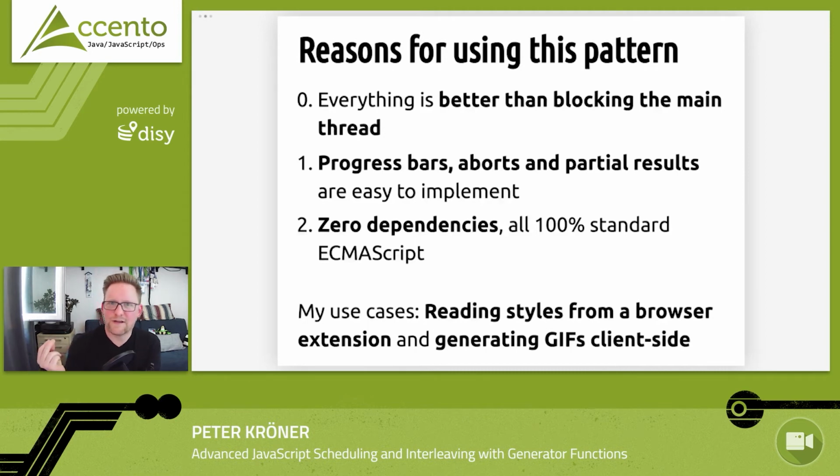I once was in the situation that I had to read styles from a browser extension. And by styles, I mean all the styles from all the elements. And in my current project, I'm generating animated GIFs on the client side. And this is also something that simply hogs the main thread and can be quite simply made user-friendly using this pattern.